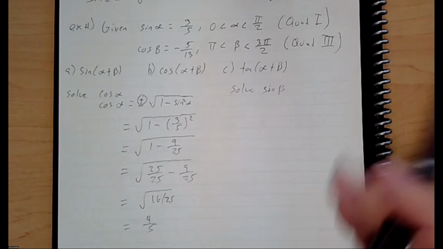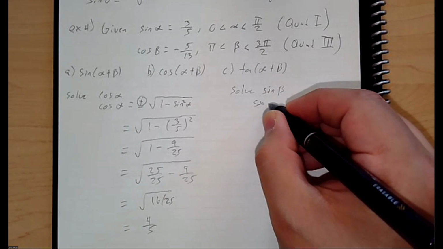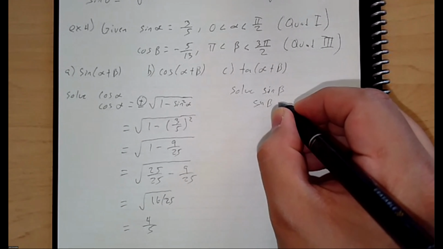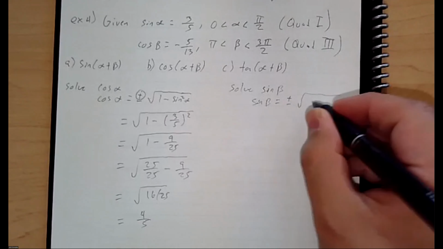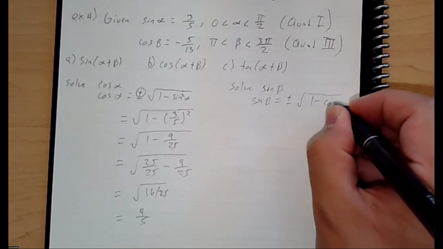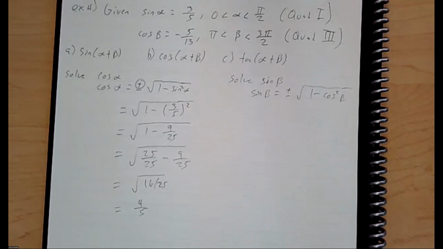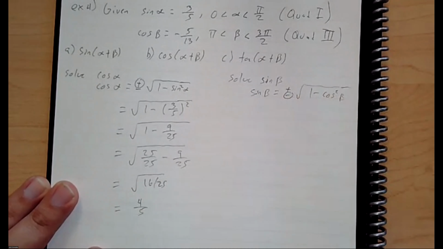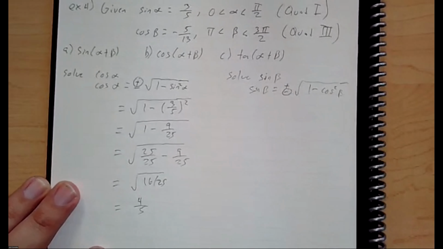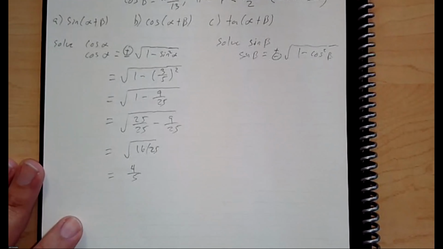Is sine positive or negative in quadrant 3? So we choose the minus. Does that make sense?